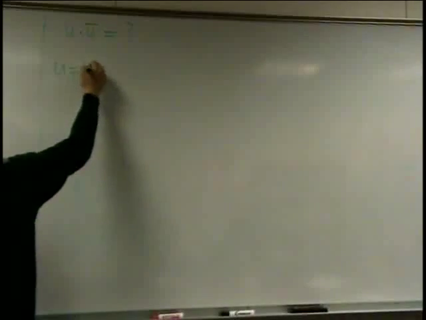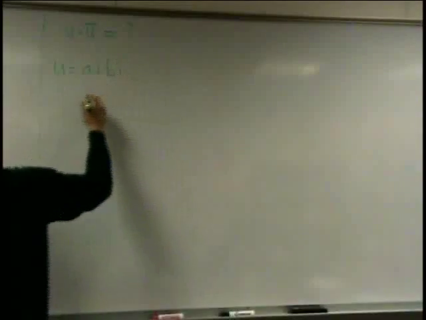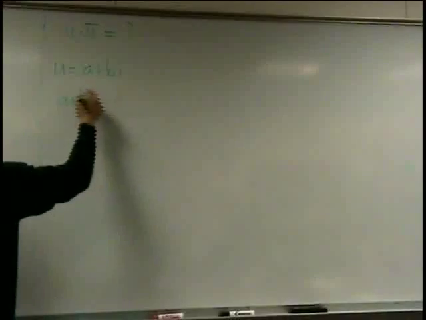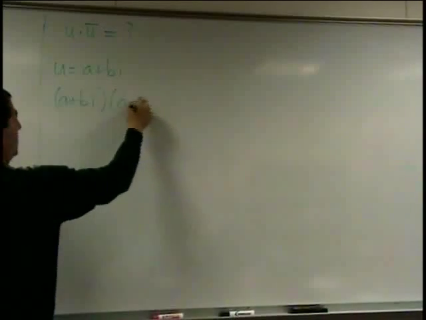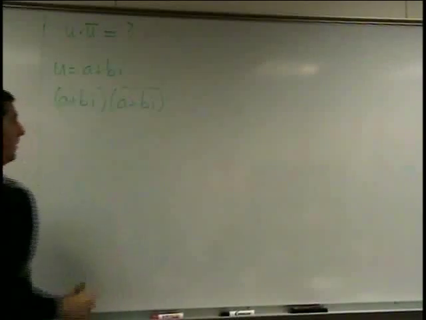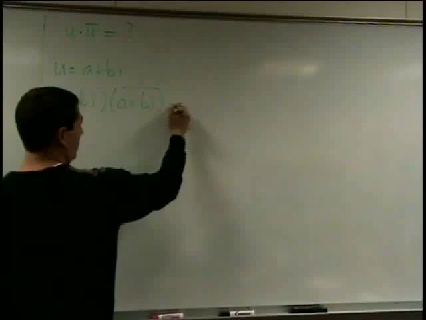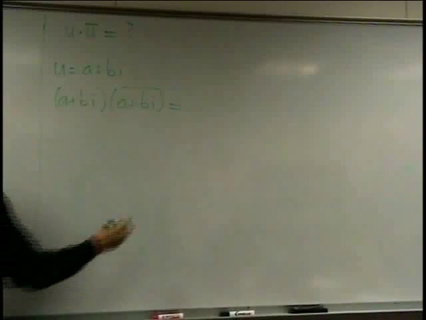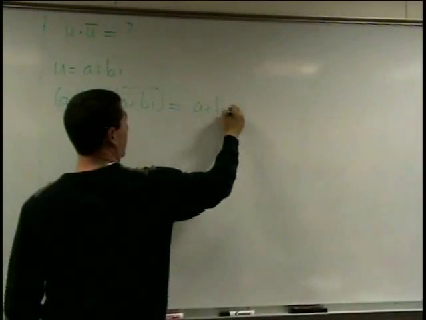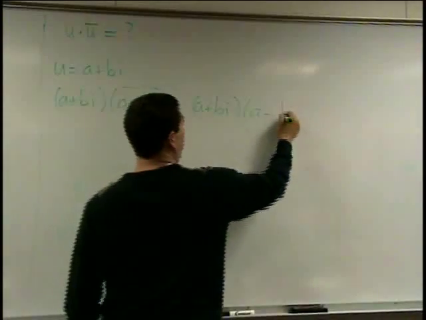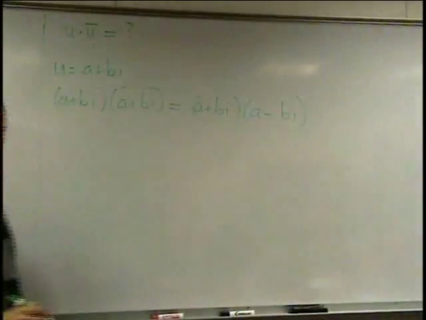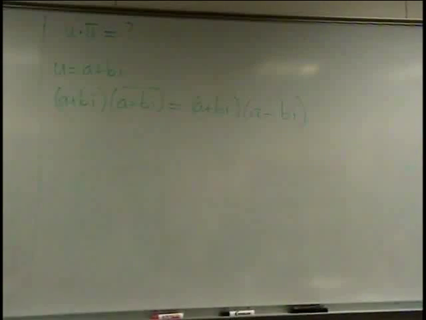If u is a plus bi, and we do a plus bi times a plus bi bar, well, this is exactly what Kaiway suggested we do when we found the inverse of a plus bi. Because this is a plus bi times a minus bi, which is the factorization of a difference of squares.